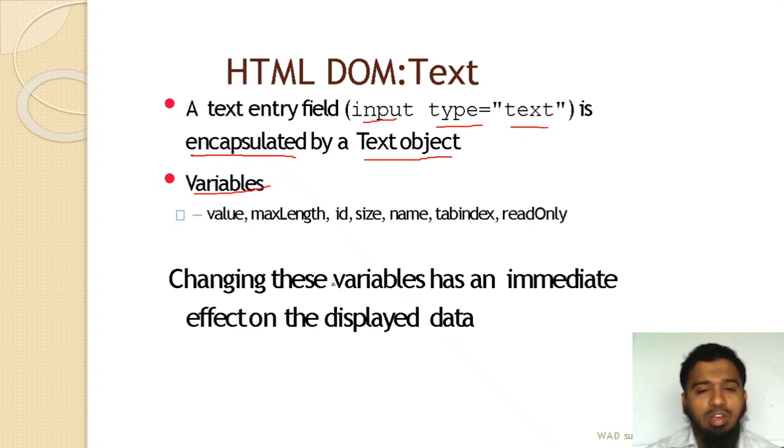If you change the variables, then that will definitely affect the displaying of the data. So this is about text, how to add text. When you write input type equals text, it is encapsulated by the text object.